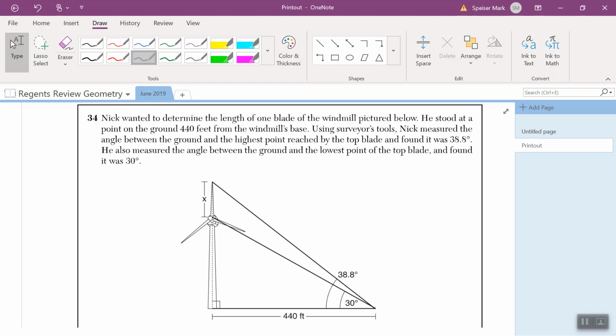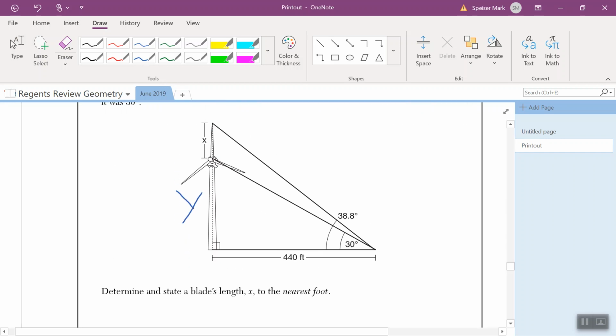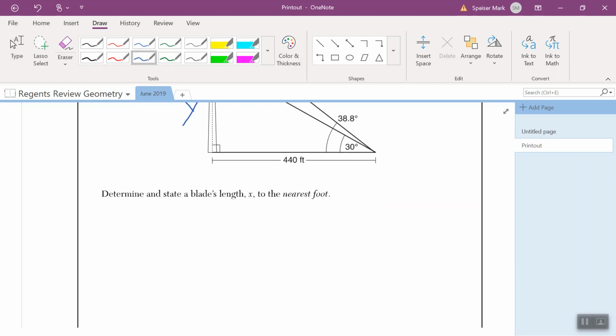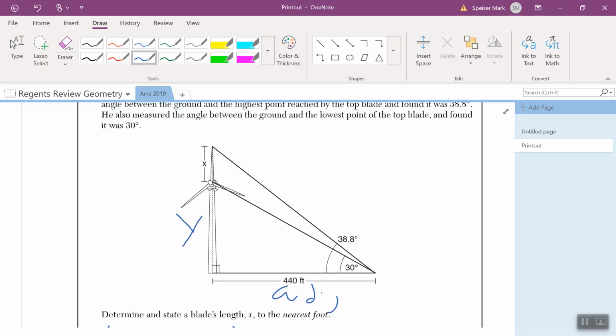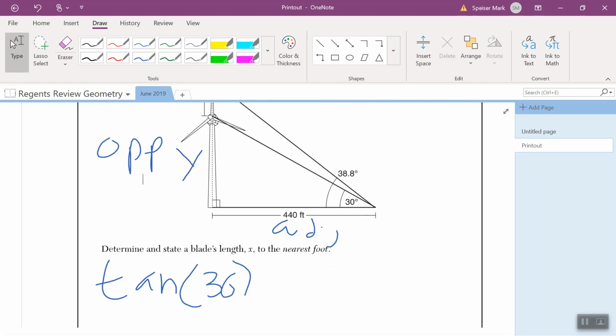So we're going to call this lower distance Y. We're going to find X and Y and then subtract. So to first find Y, tangent of 30 degrees, because we're looking at the adjacent and the opposite, equals Y over 440.